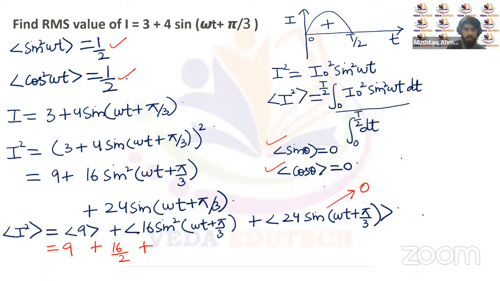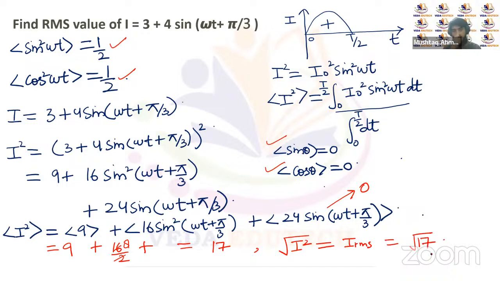We'll be left with this only, so it will be 8, plus 9, it's 17. So this is the mean square value. If we take the root of this mean square value, we'll get the RMS value, that's I RMS. So the RMS value of this current is root 17. Root 17 is the RMS value of the given current.